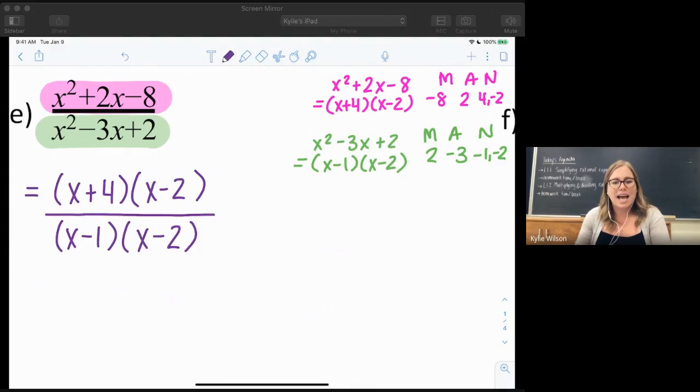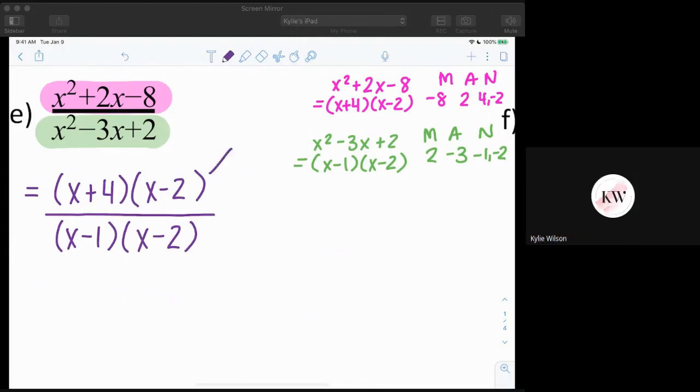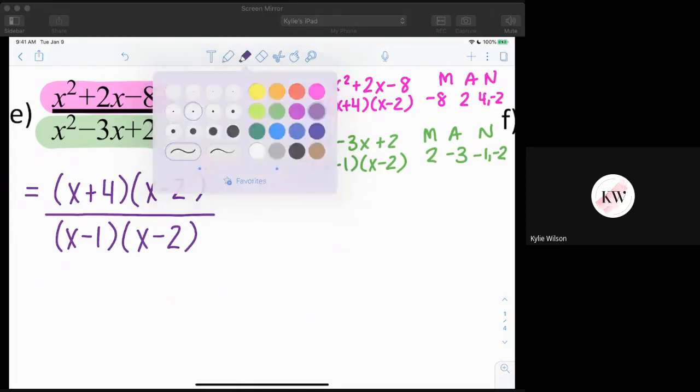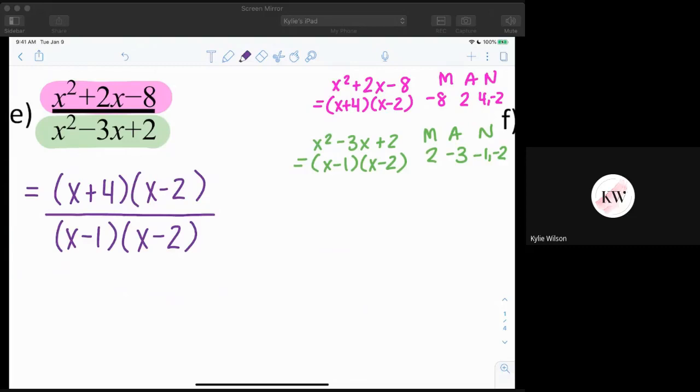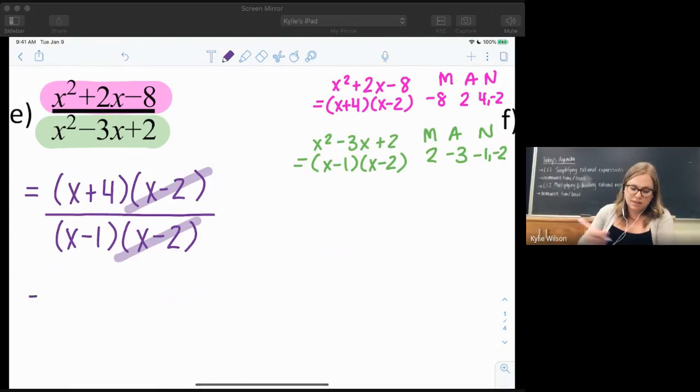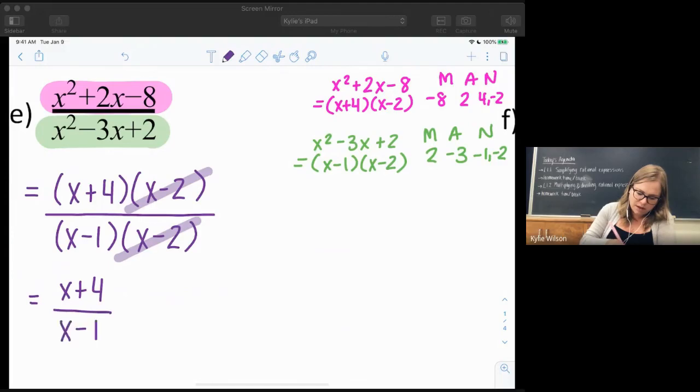See how here all of my plus or minus signs are within a bracket somehow, versus here where they're not? That's what we're looking for to know we can cancel stuff. So now I look to see if there are any factors in both my numerator and my denominator. I have an x minus 2 here and an x minus 2 here. So those are the ones that cancel. I'm left with x plus 4 all over x minus 1.